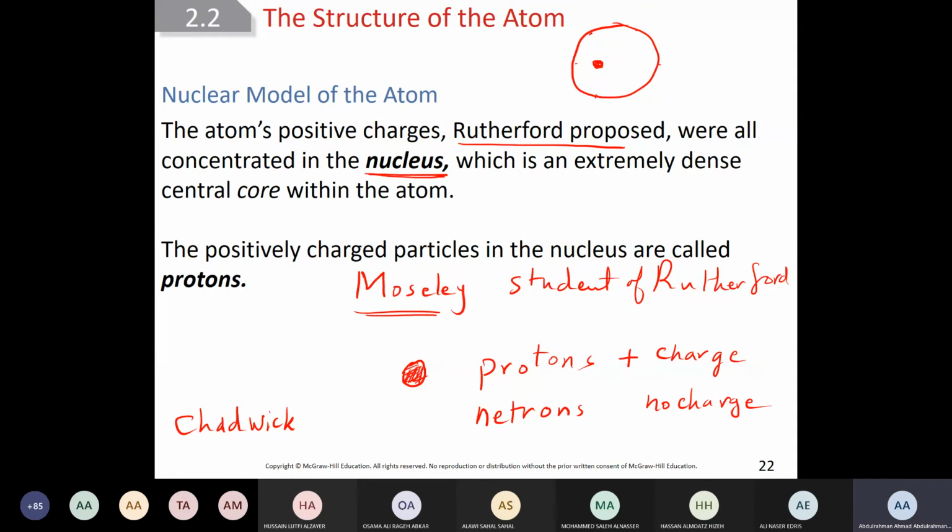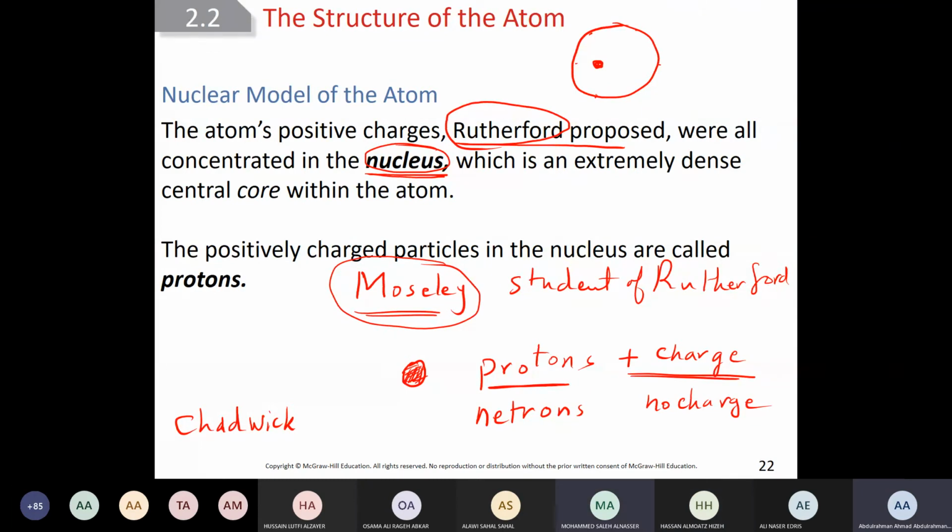So three names, very important names. Rutherford discovered that there is what? Nucleus. Then comes his student. What's his student's name? Mosley. Yes, and what did he discover? Protons. And they are what? Positively charged.